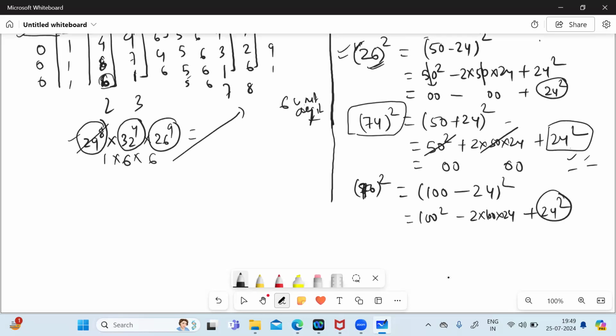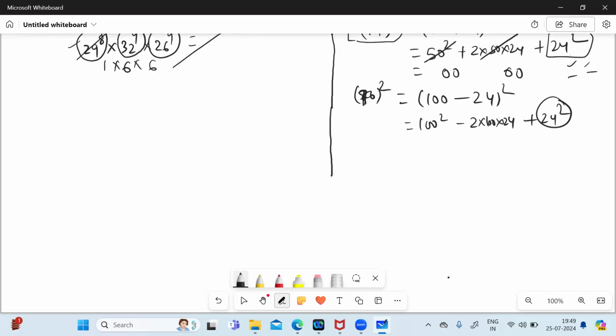So how are we getting this pattern? The last two digits of 24 square are being repeated four times. One, 24 itself. Second, 50 minus 24, which is 26 square. Next, 50 plus 24, which is 74 square.